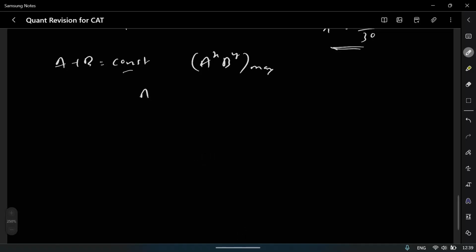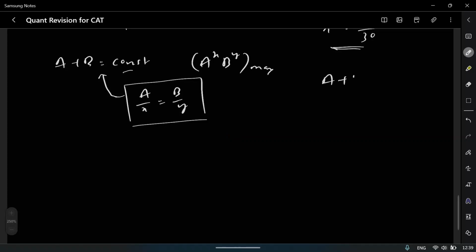Then we can find it using A by x equals B by y. Using this, just put it here and you will find the values of A and B. You can substitute here and you will get it simply. That's it about this topic, AM and GM.